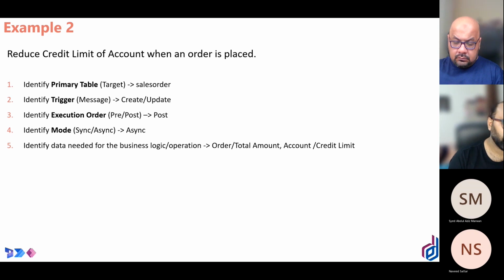But as per my experience, this is not something very critical, because what happens if you do it sync and any execution error or exception occurs? The user won't be able to update or save the sales order, because the whole transaction will fail.